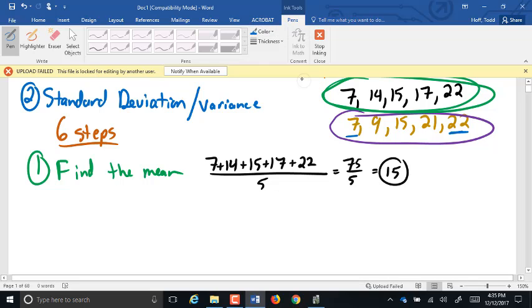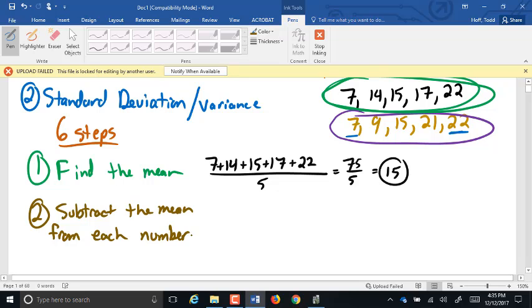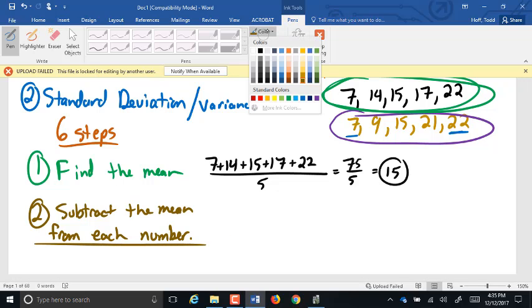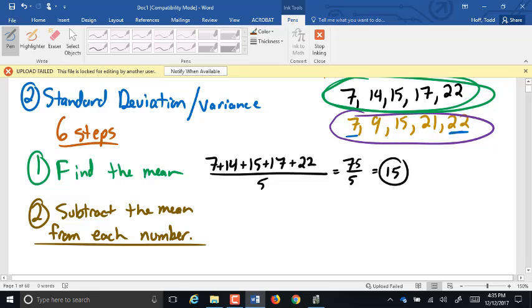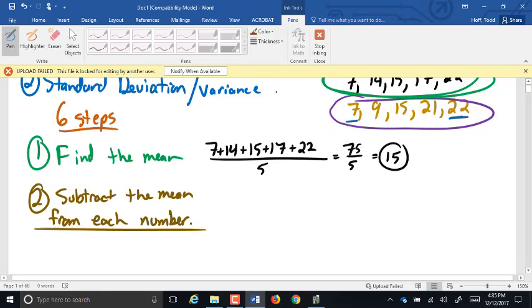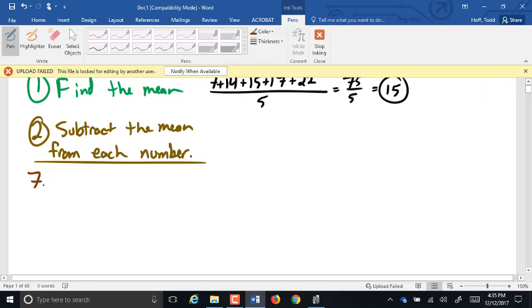Step 2 is to subtract the mean from each number. So 7, 14, 15, 17, 22.